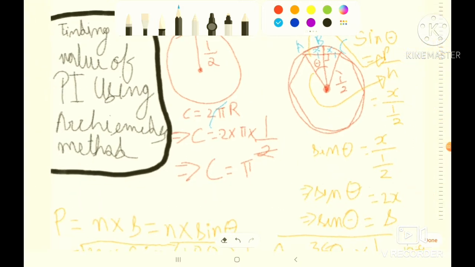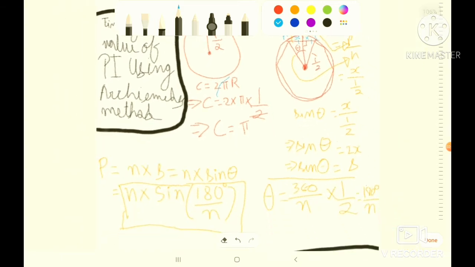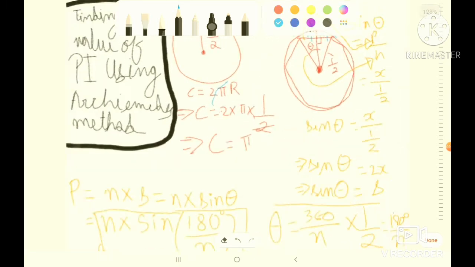As you know, C is equal to 2 pi r, which implies C is equal to 2 times pi into half, where 2 divided by 2 is equal to 1, so pi into 1 is equal to pi. So there you got the circumference equal to pi.